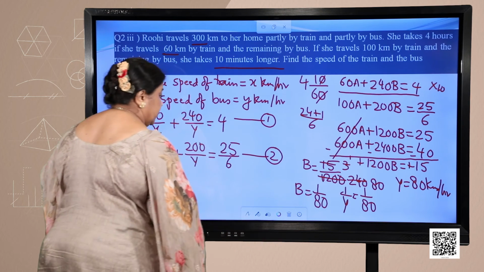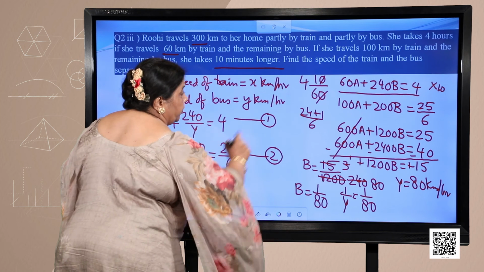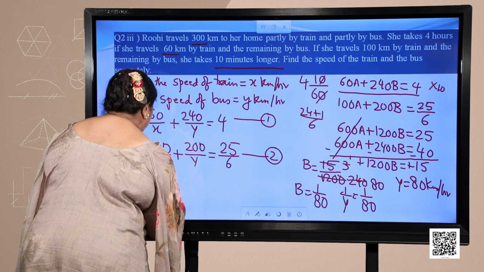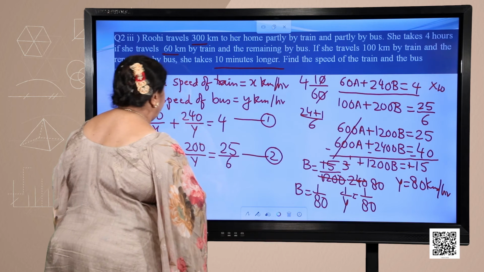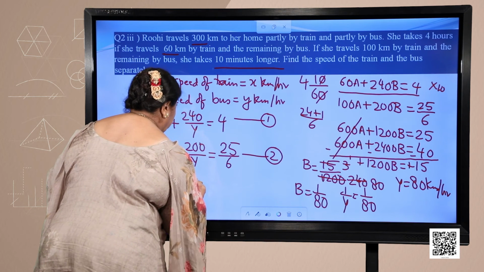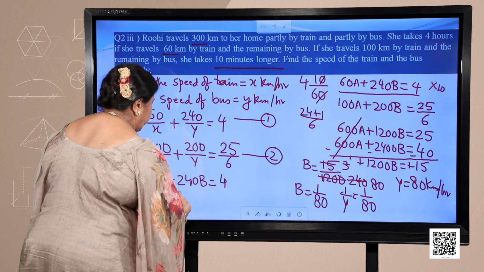Here we can take 60a plus 240b is equal to 4.